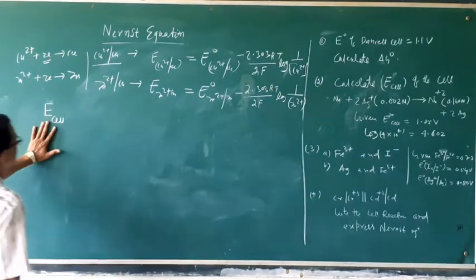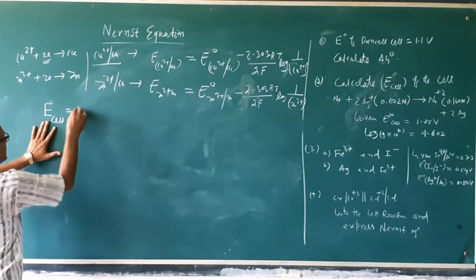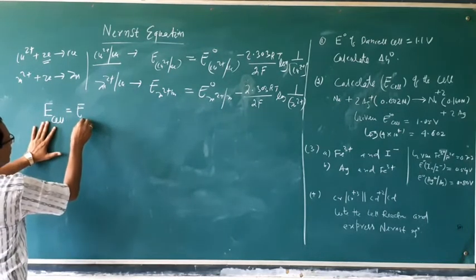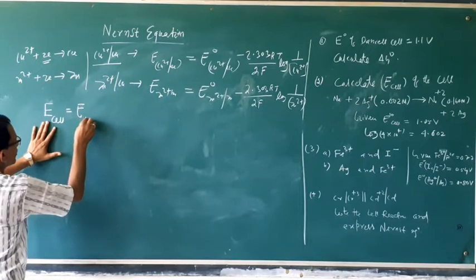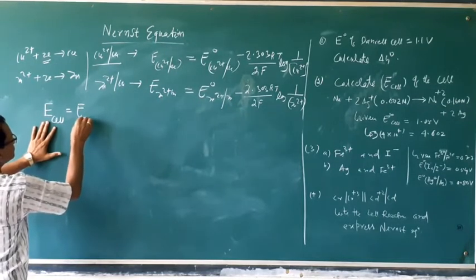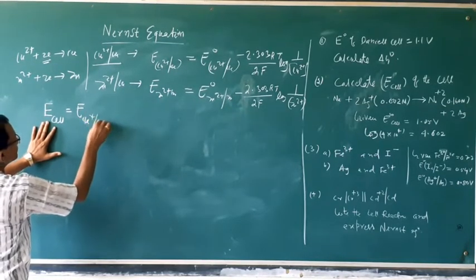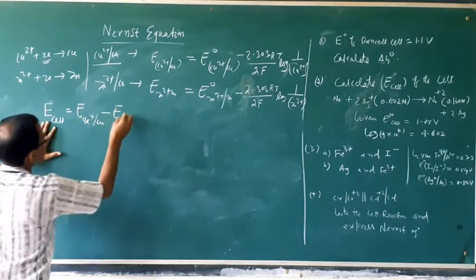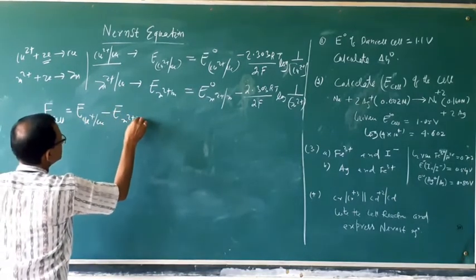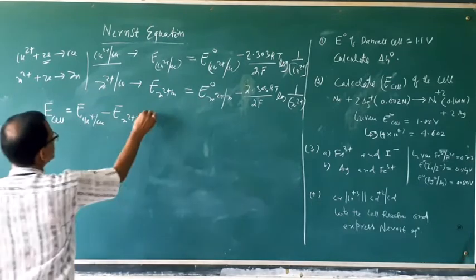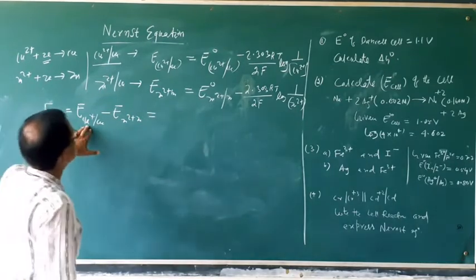So E cell is equal to E of copper minus E of zinc, where you put the value of E here.